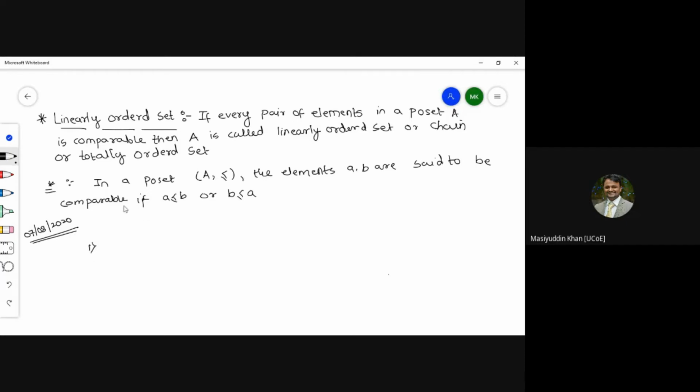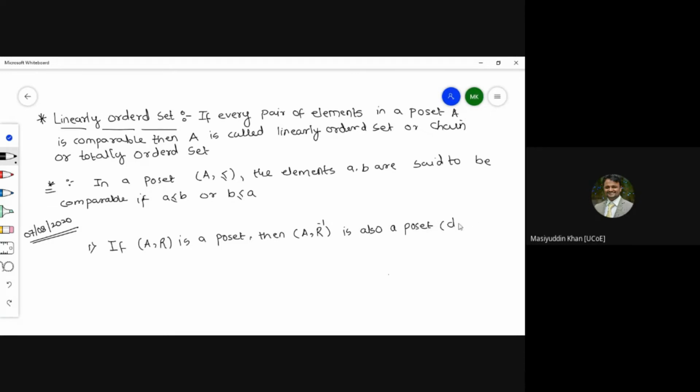So the first problem of today: if (A, R) is a poset, then (A, R^-1) is also a poset.